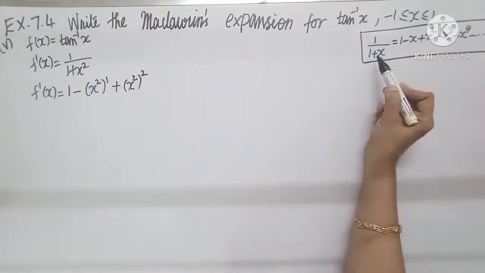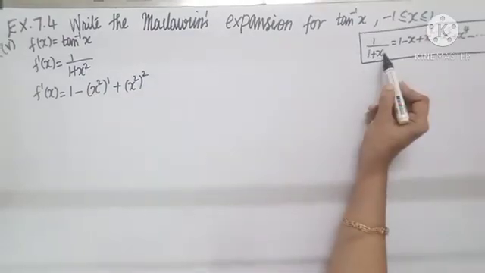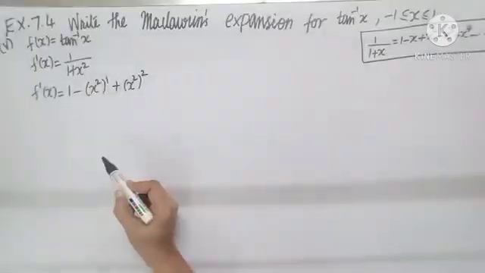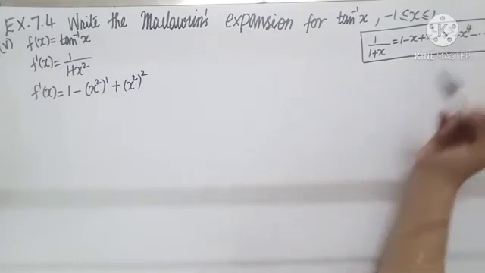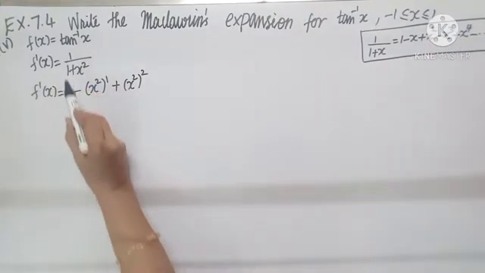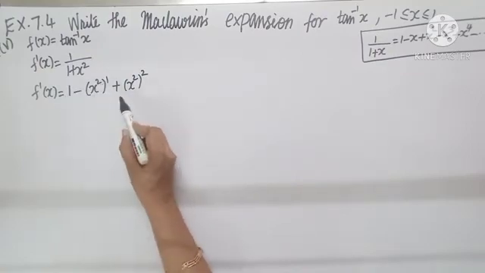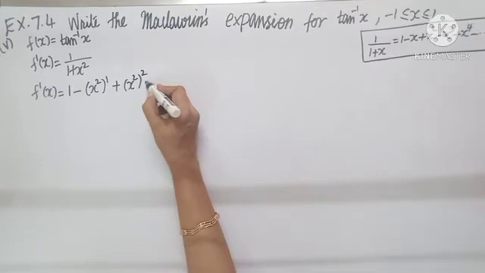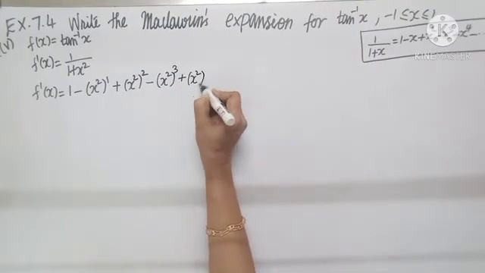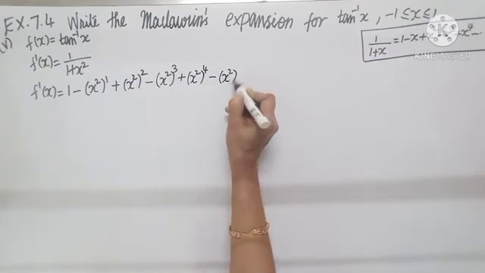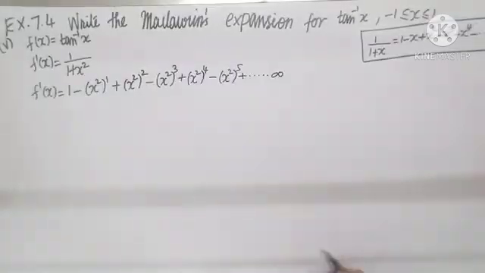Applying 1 by 1 plus x expansion here. Instead of x, we have x square. So the same expansion, but wherever x is coming, put x square. 1 by 1 plus x square will become 1 minus x square power 1 plus x square power 2 minus x square power 3 plus x square power 4 minus x square power 5 and so on up to infinity.